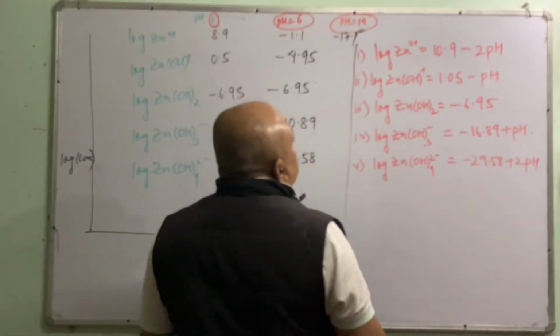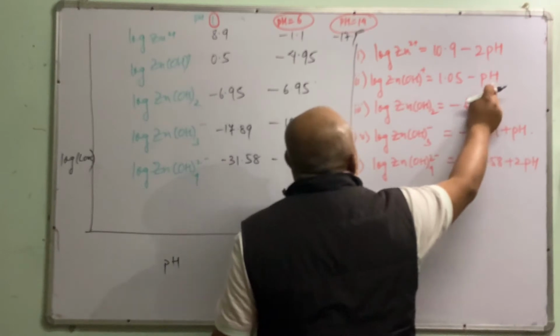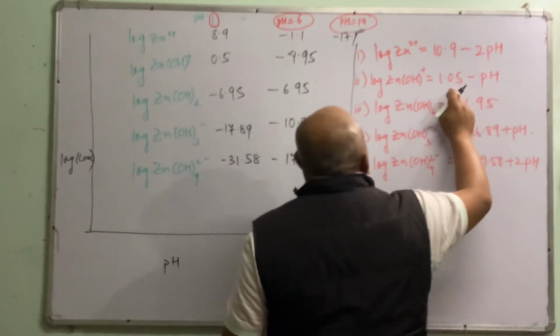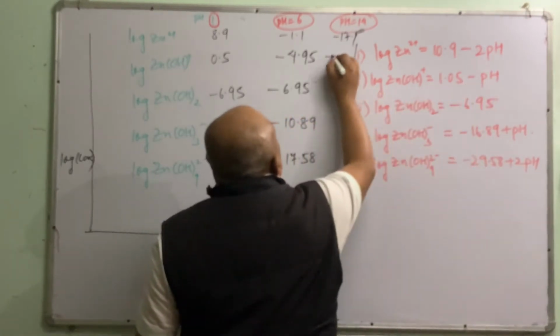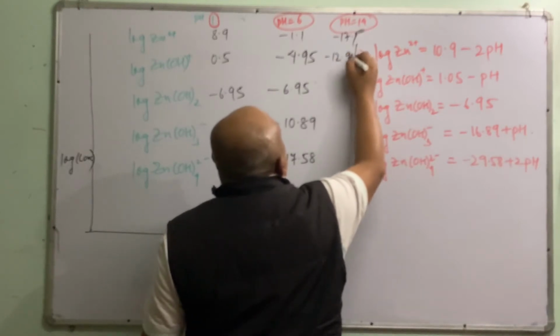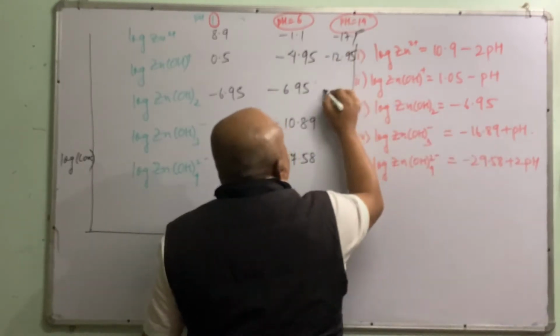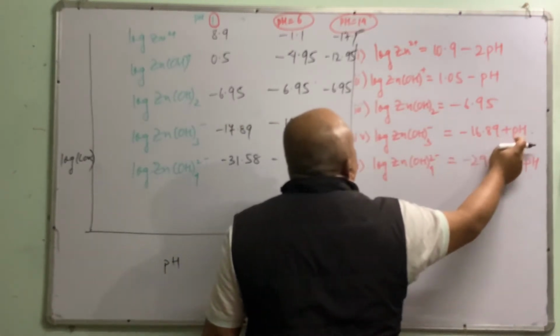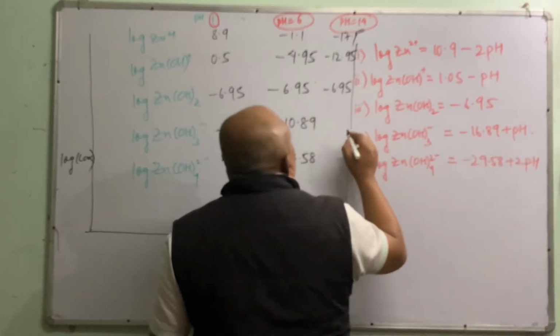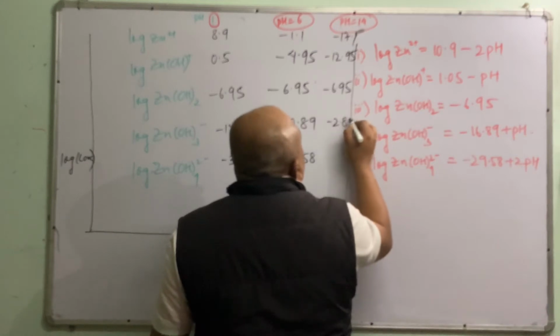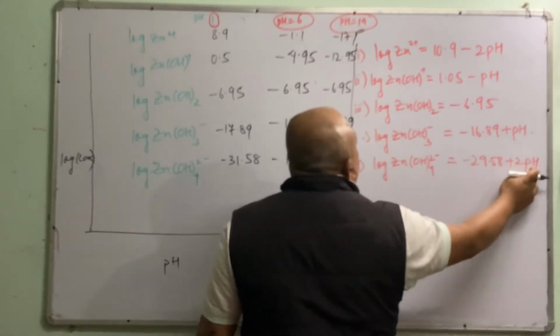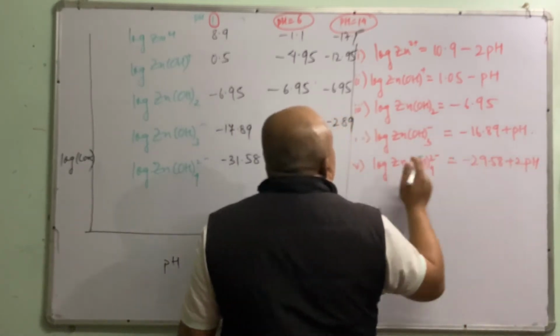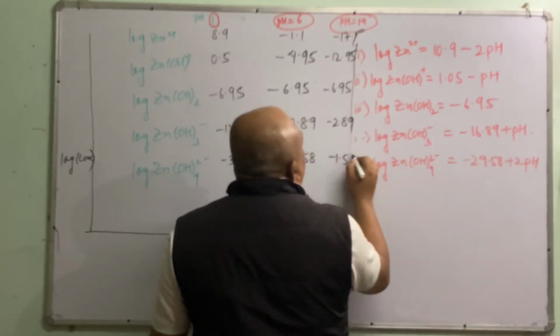Correct. And this one, if this is 14, minus 14 plus 1, minus 12.95. This is minus 6.95. This one is 14, so this will be minus 2.89. 14, 28, so this will be minus 1.58.